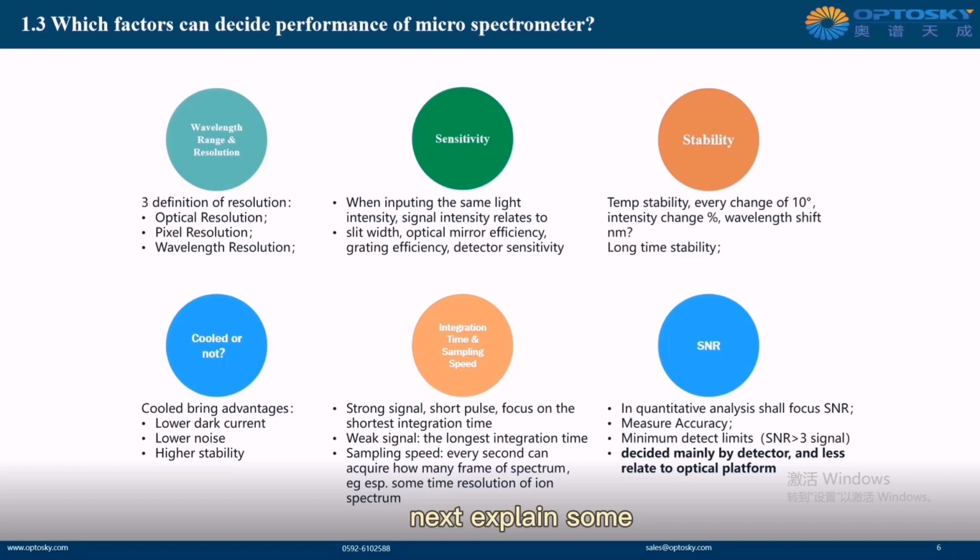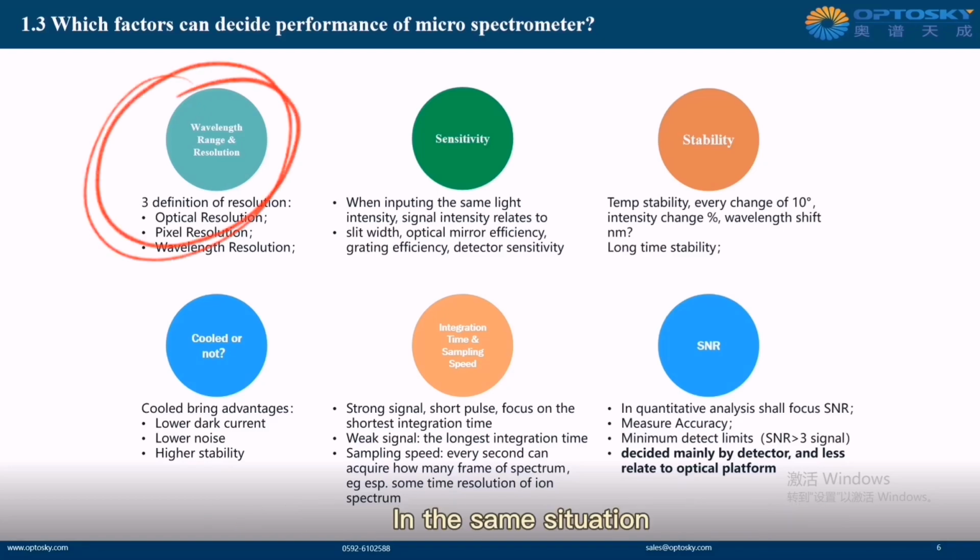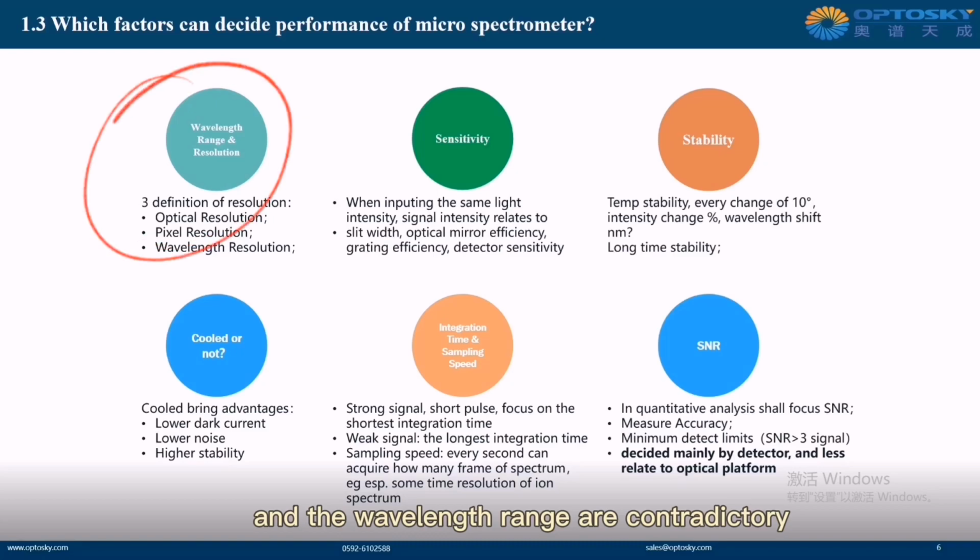Next, let's explain some important parameters of the spectrometers. There are 6 performance indicators that customers are mainly interested in: wavelength range and resolution, sensitivity, stability, integration time, and sampling speed (SNR). In the same situation, the resolution and the wavelength range are contradictory.